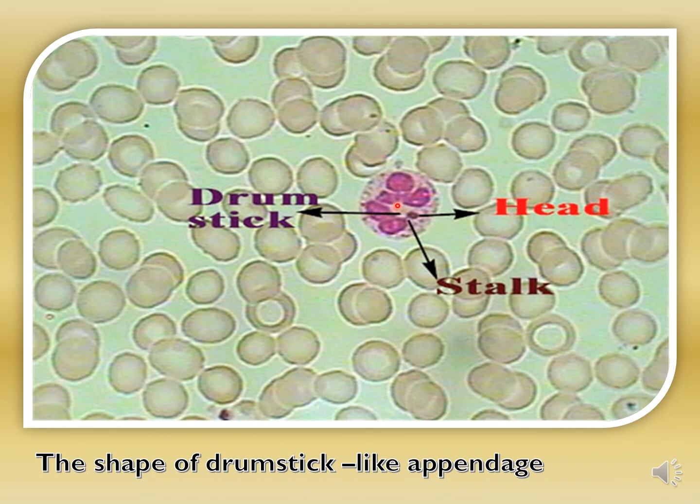The shape of the drumstick structure is composed of a head and stalk that is attached to the nucleus. The nucleus of the neutrophil is multi-lobed, may be composed of 2 lobes, 3, may reach up to 5 lobes.